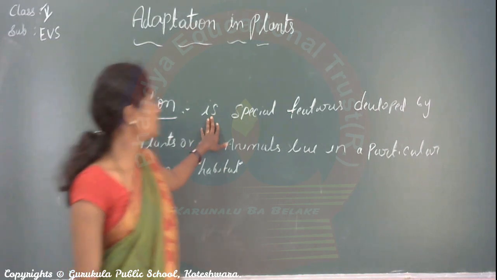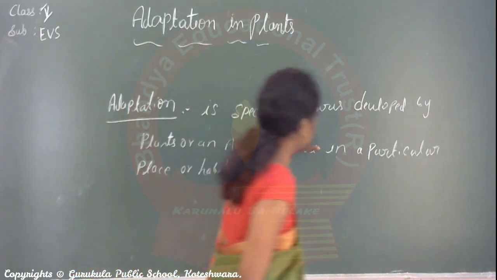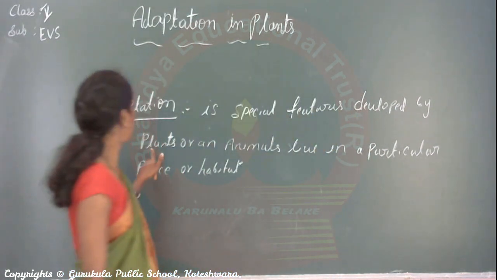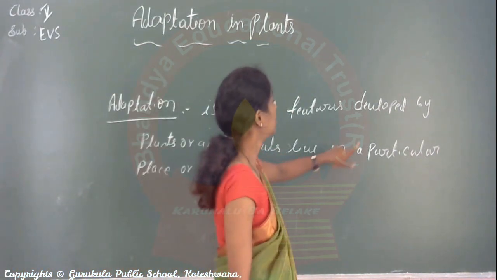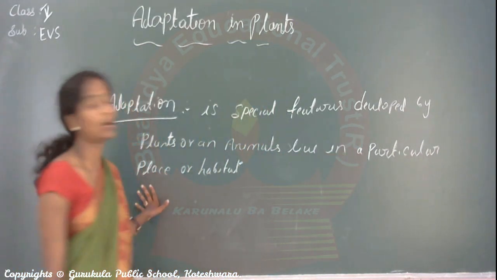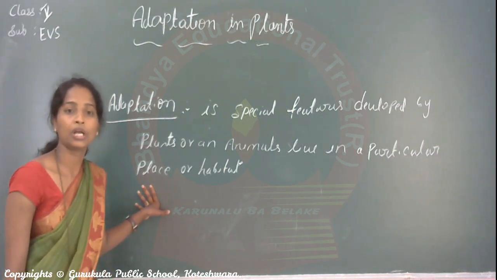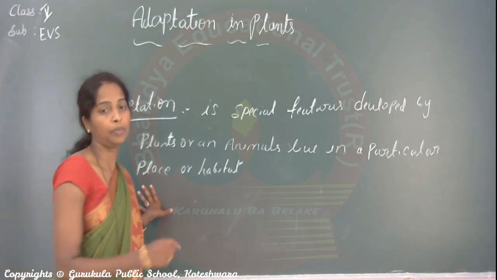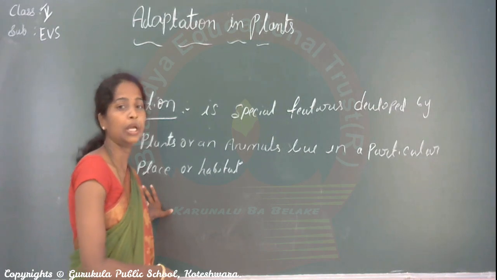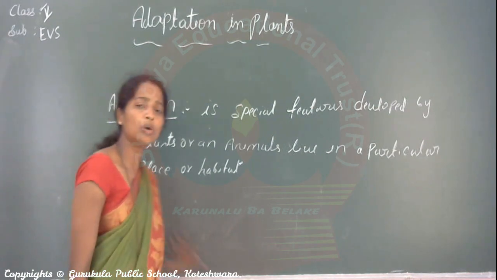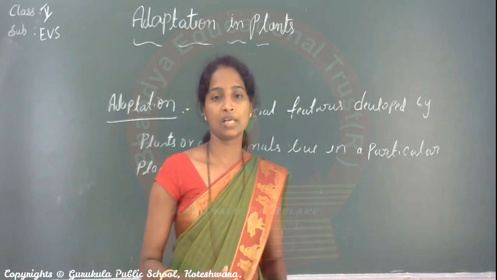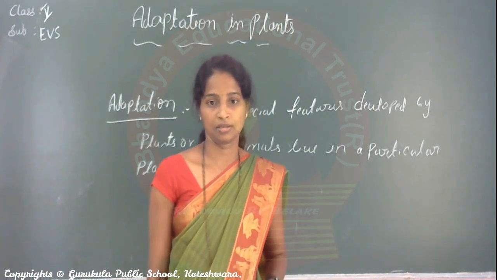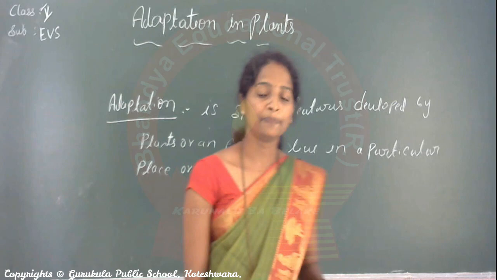Special features developed by plants or animals living in a particular place or habitat is called adaptation. So, different plants can live in different areas or different places. Okay.